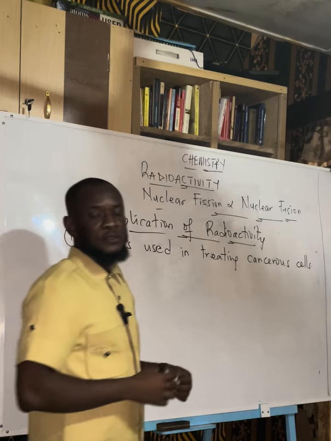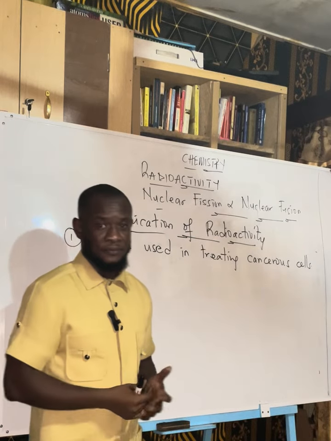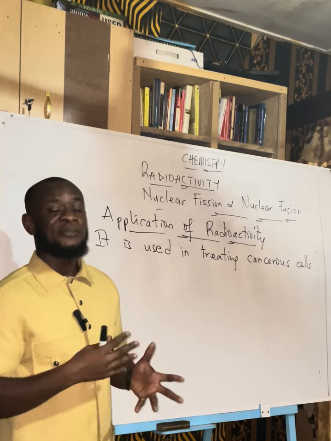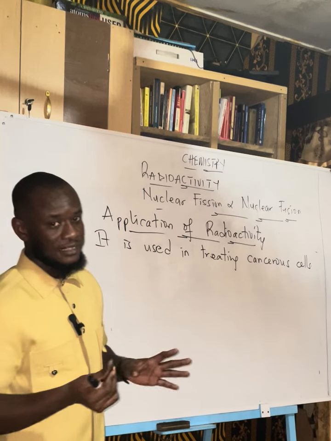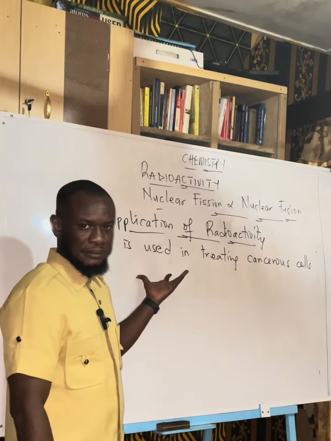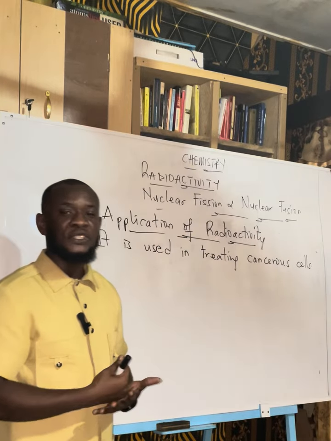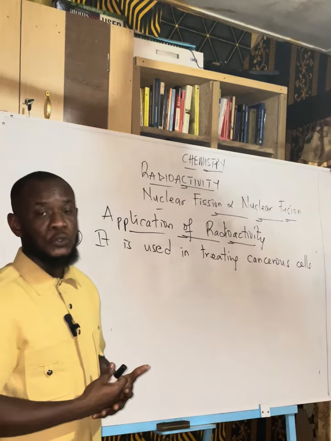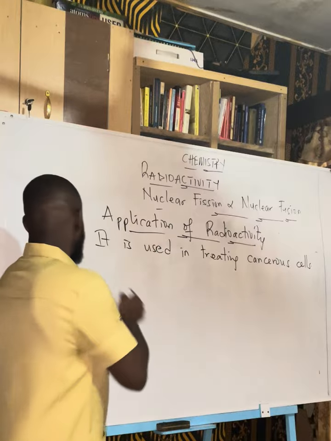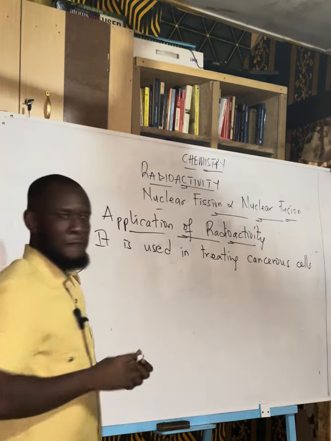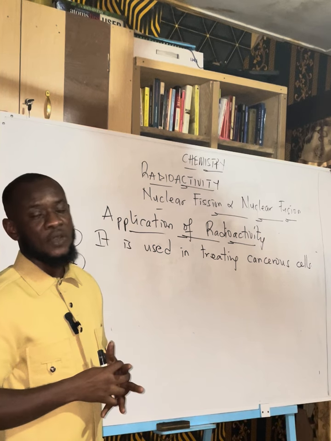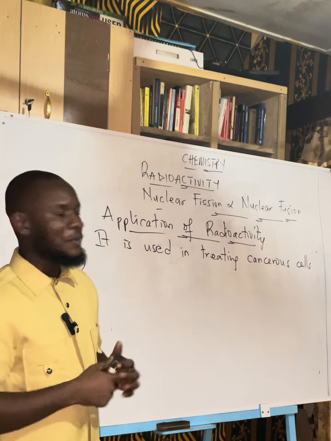For example, cobalt-60, which is a radioactive substance, is used in the treatment of breast cancer and also cervical cancer. So one of the important uses is that we can use some of these radioactive substances to treat cancerous cells. Again, we also use it in sterilizing equipment.